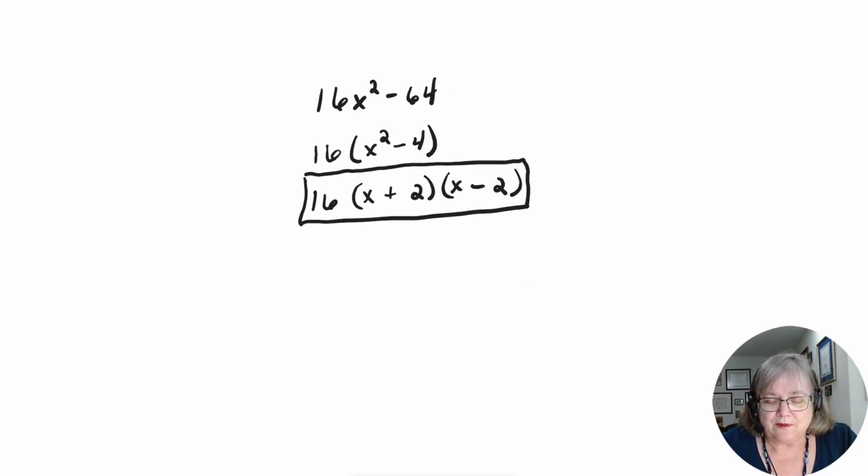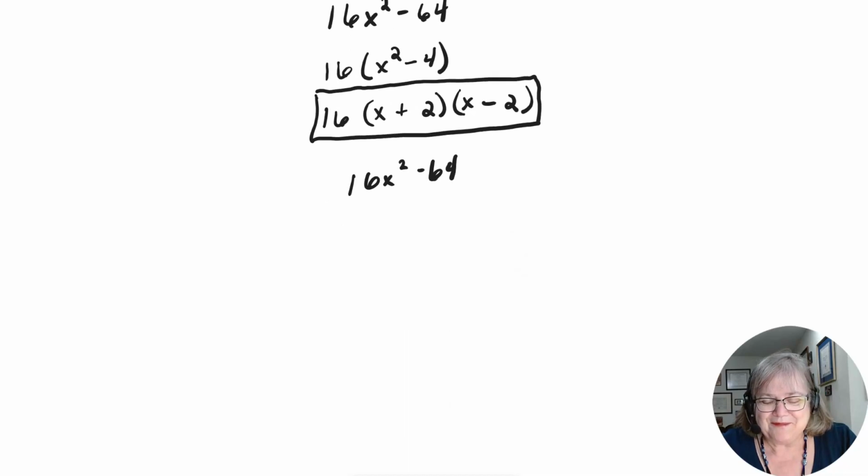It's possible that if you didn't ask yourself if there was anything in common, because you skipped that step, you would say, oh, hey, difference of two squares, which it is. And so what's the square root of 16x squared? The square root of 16 is 4. The square root of x squared is x. The square root of 64 is 8.